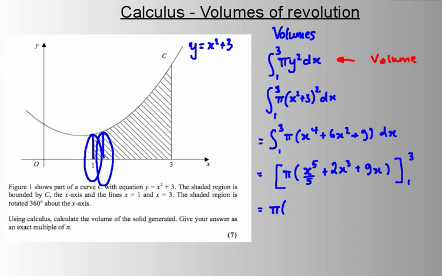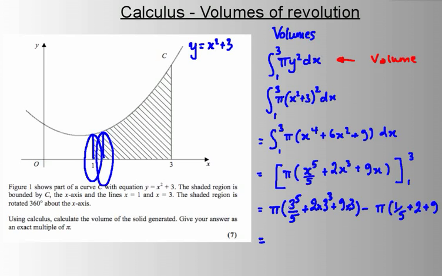Leave my pi there. So I will put 3 into this formula, get an answer, I will put 1 into the formula, get an answer, and I will subtract the two. So 3 to the power 5 divided by 5, plus 2 times 3 cubed, plus 9 times 3, and pi times 1/5 plus 2 plus 9.